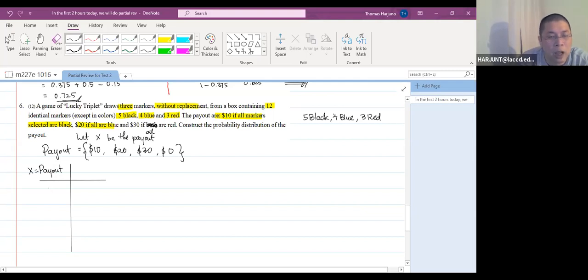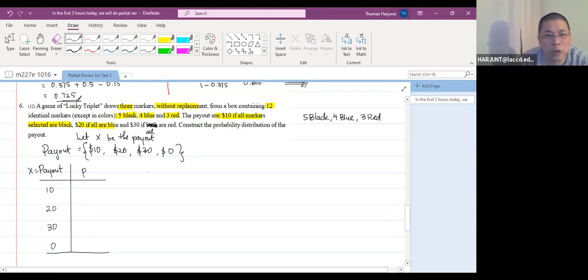But X here has to be numerical, okay? It has to be a value. So the probability that the payout is $10, the probability the payout is $20, the probability the payout is $30, the probability the payout is nothing. So what is the probability?